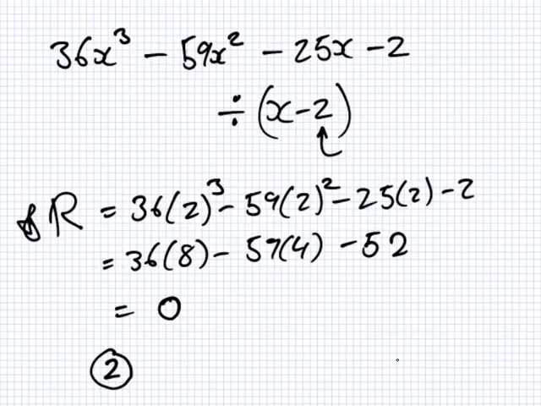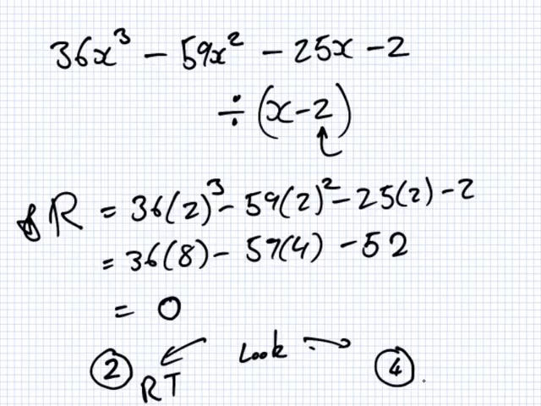But if the question had maybe 4 marks, maybe there's a reason they wanted you to use long division, because maybe the next part needs the answer from the previous part. So my advice would be to look at how many marks you get. A small number of marks means you probably want the remainder theorem. A bigger number of marks means they probably were picturing you using long division. Okay? So it's worth remembering that for the exam.